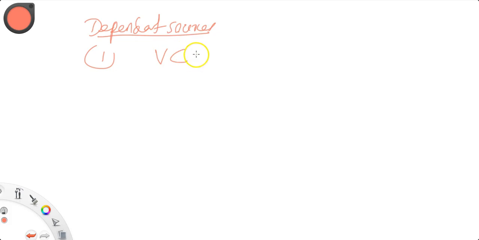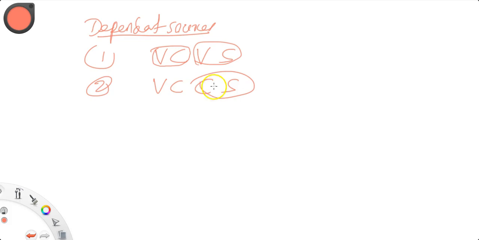Voltage controlled voltage source. The source is a voltage source, controlled by the voltage across some element in the network. Then voltage controlled current source. The source is a current source, controlled by the voltage across some element in the circuit.